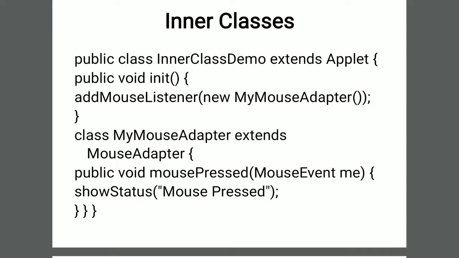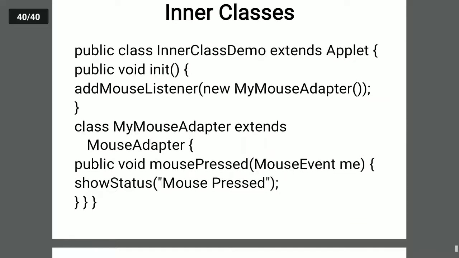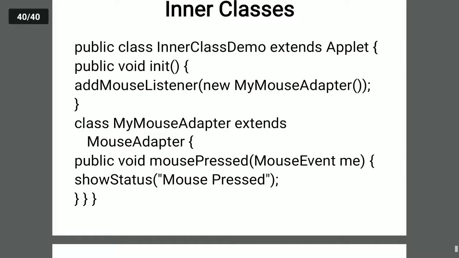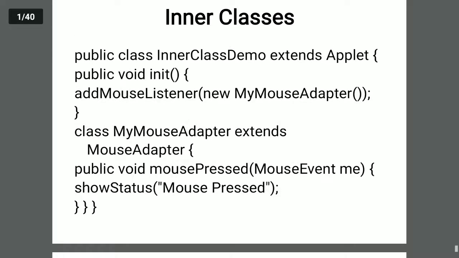Now when the mouse is pressed, it will call showStatus. Now the showStatus method is called without any variable. Why? Because MyMouseAdapter is present within InnerClassDemo, which is a subclass of Applet, and showStatus is a method of applet. So that showStatus method will be called without any reference variable or object. That is the advantage of inner classes.